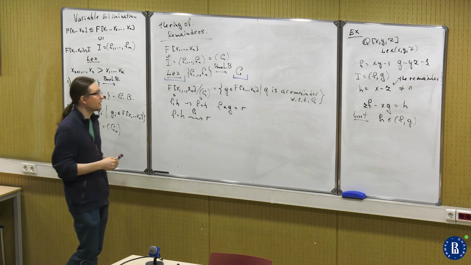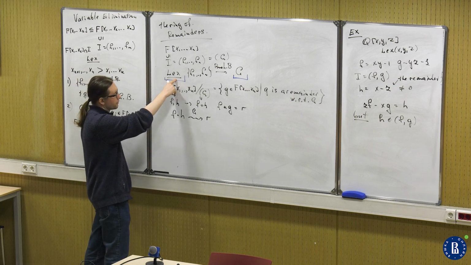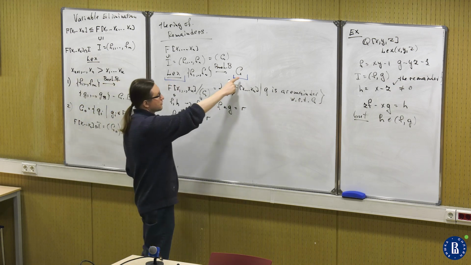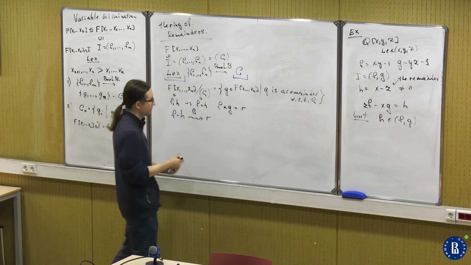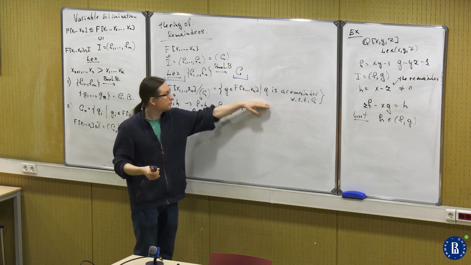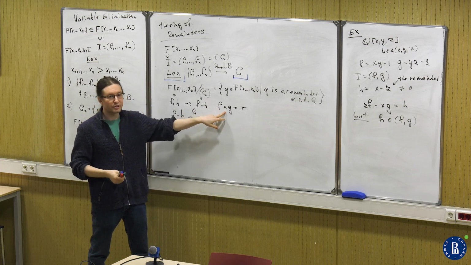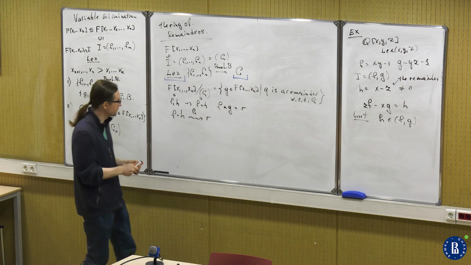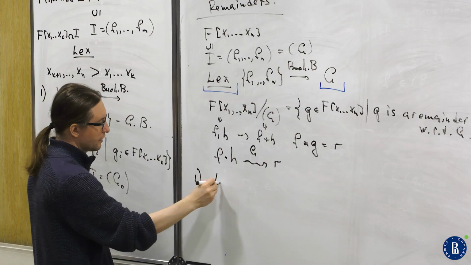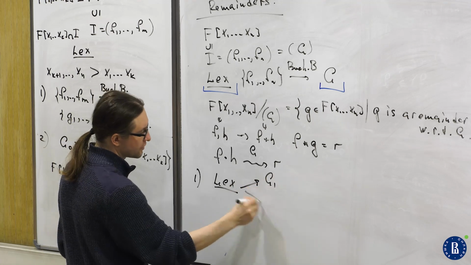Well, one may show that if you have the same ordering, but two different Gröbner bases for the same ordering, then the set of remainders will be exactly the same, and the multiplication will be exactly the same.